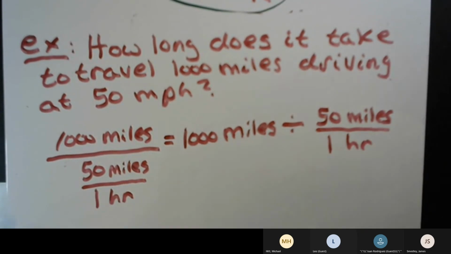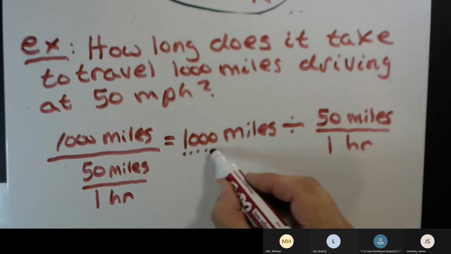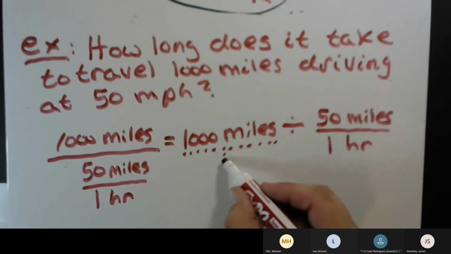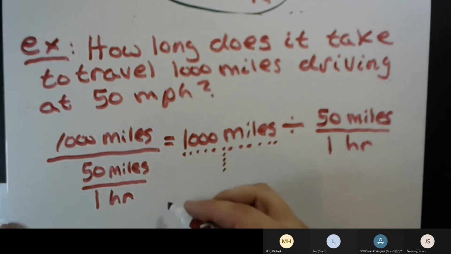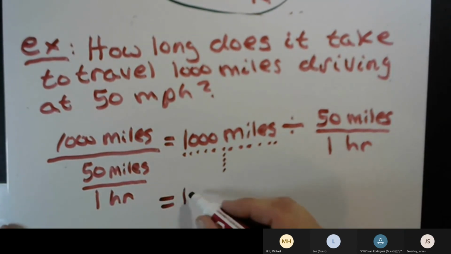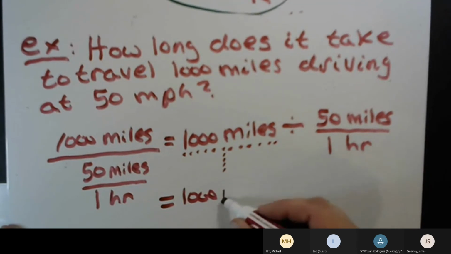This is fraction division. So we can put that invisible 1 underneath our 1,000 miles. So the way we divide fractions is we do KFC. Keep, flip, change. So we keep the 1,000 miles.